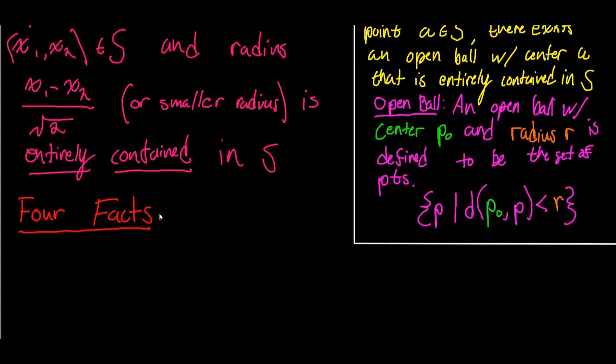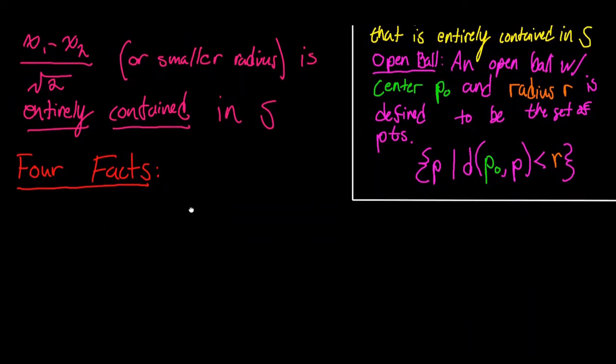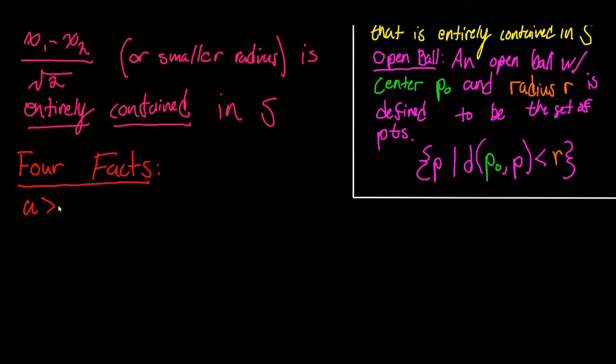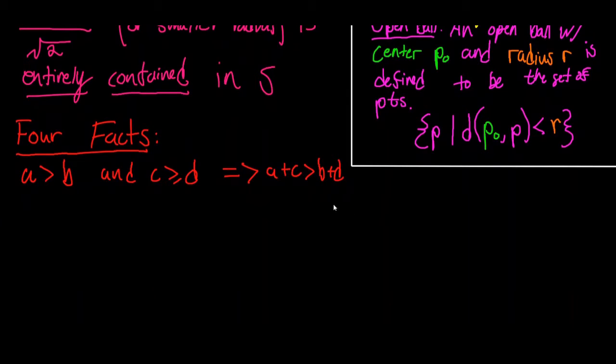Four facts. The first fact, and you've seen this in multiple videos in the past, is that if A is strictly greater than B, and C is greater than or equal to D, then that implies that A plus C is strictly greater than B plus D. We've seen that in multiple videos, and I've proven it in a separate video that I've linked in the description in the top right corner here. So that's one.